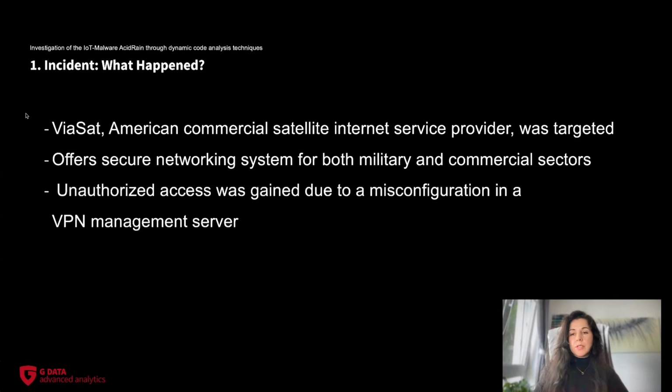The threat actors attacked Viasat. Viasat is an American commercial satellite internet service provider, and they offer a secure network for military and commercial use. The threat actors gained unauthorized access through a misconfiguration in a VPN management server.